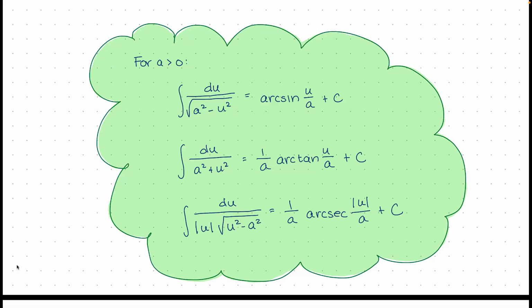Then you'll see why the arcsine doesn't get the 1 over a, but the other two do. The other thing is, you may have noticed the arcsecant has an absolute value.